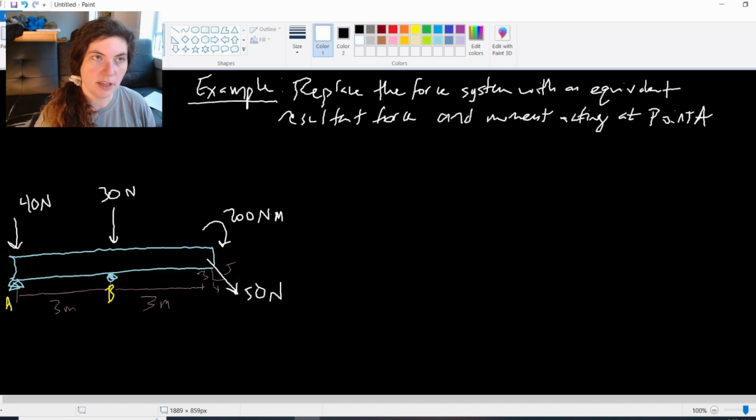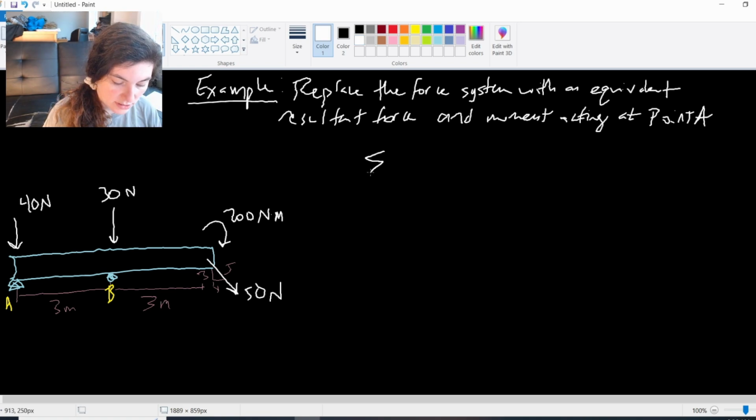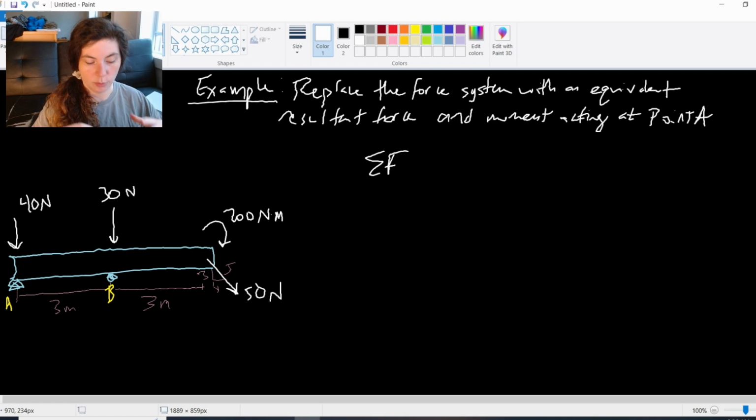In this example, I'm given a beam that has 3 different forces acting on it, as well as a moment acting on the end of the bar. And it asks me to replace this force system with an equivalent resultant force and a moment acting about point P. So the resultant force is going to be the sum of our forces, right? I'll take the sum of my forces in the x direction, the sum of my forces in the y direction, and I'll use that to find a resultant force. And remember, there are 3 ways that we can identify this resultant force, right?